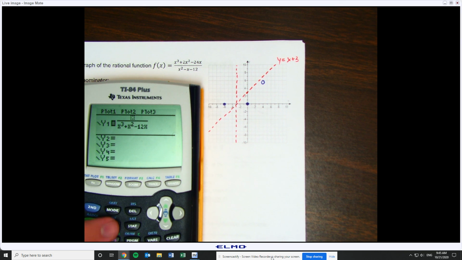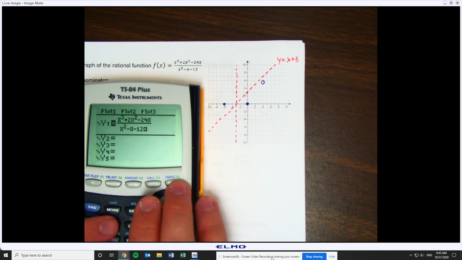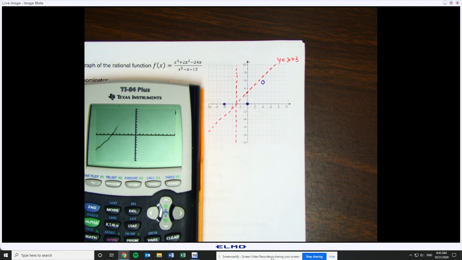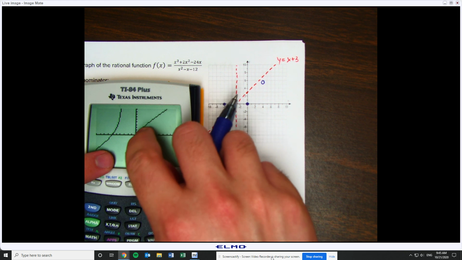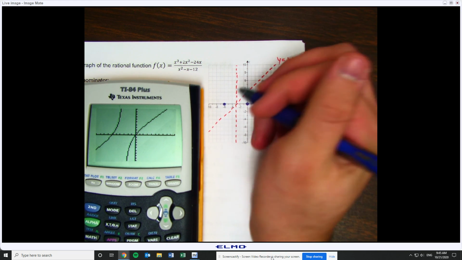Finishing this in here, I have x to the third plus 2x squared minus 24x, divided by x squared minus x minus 12. Check it out. It looks like what we have. And you can see that we follow along that slant asymptote.